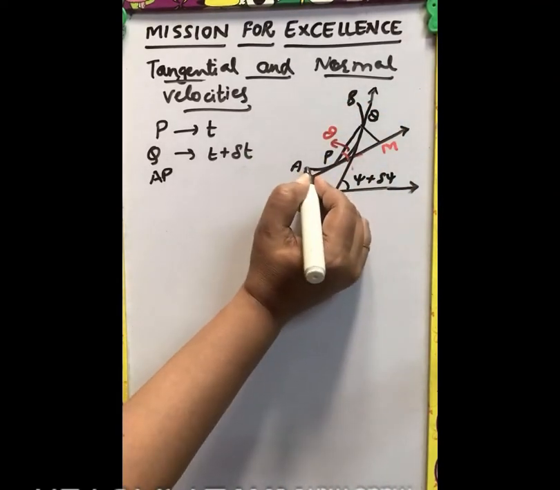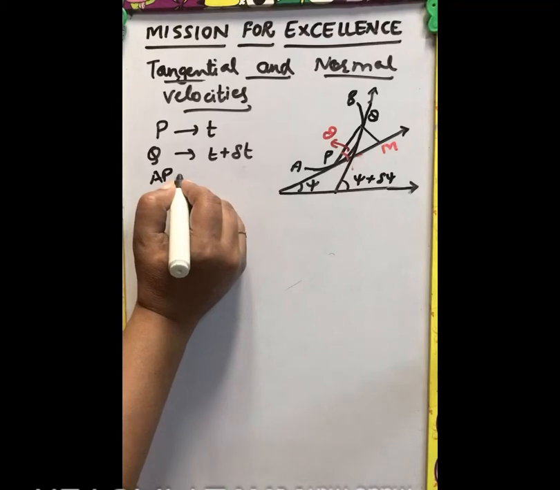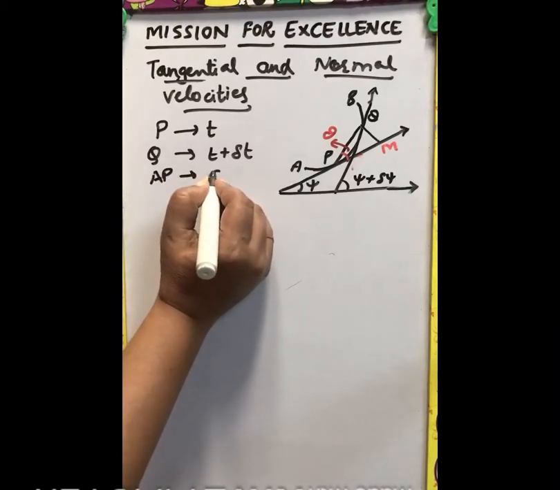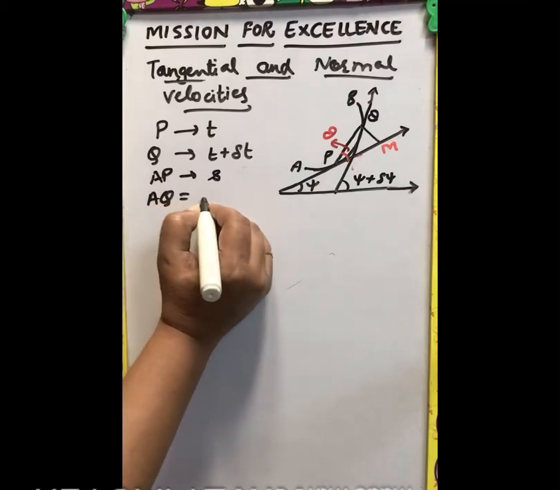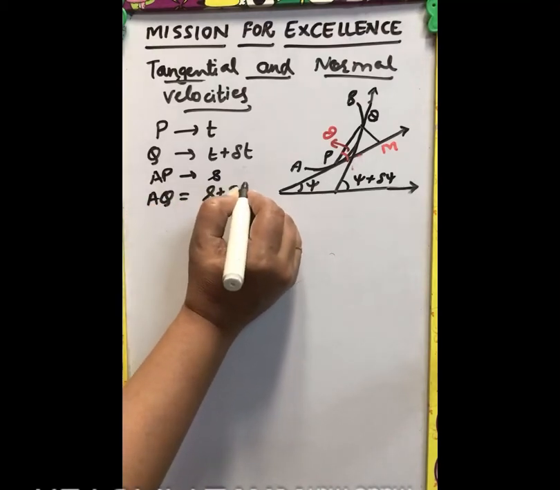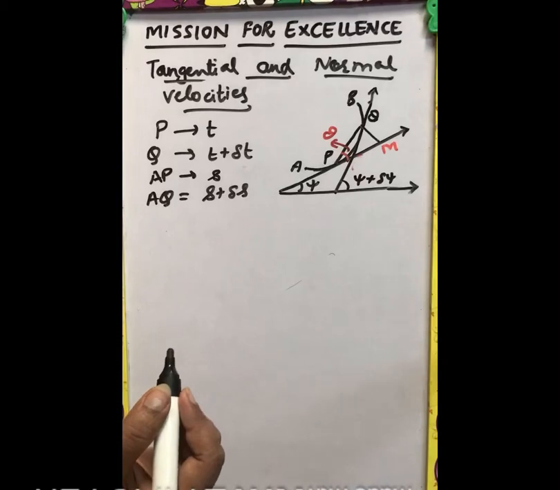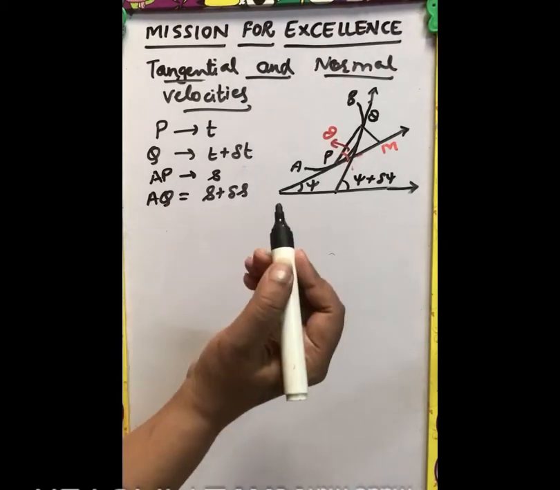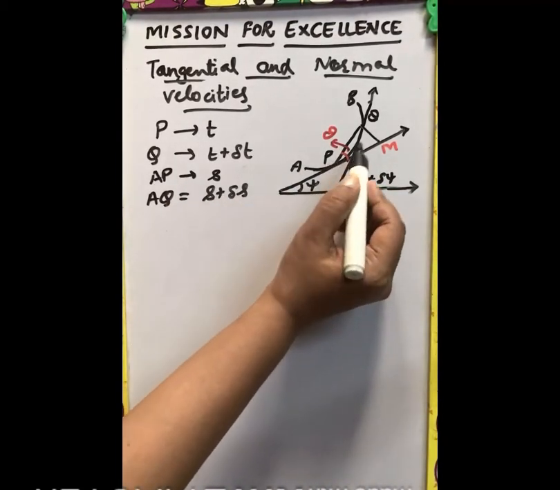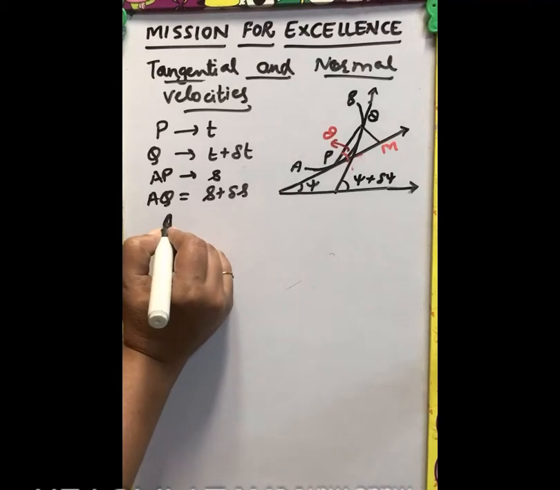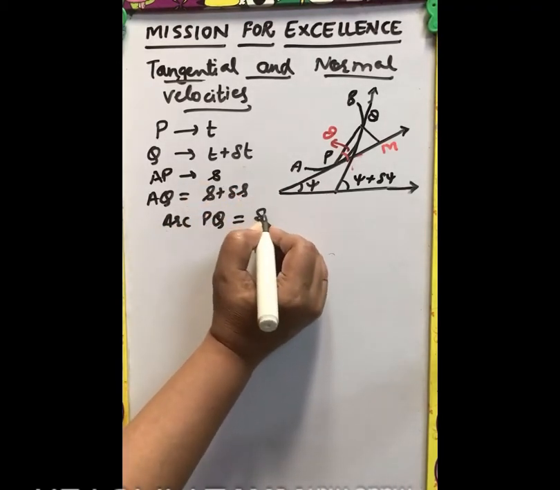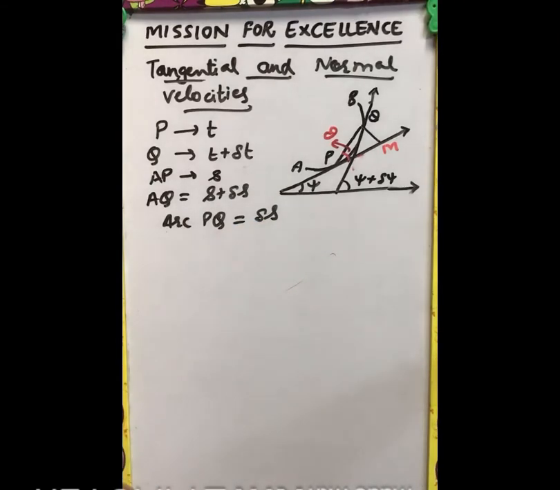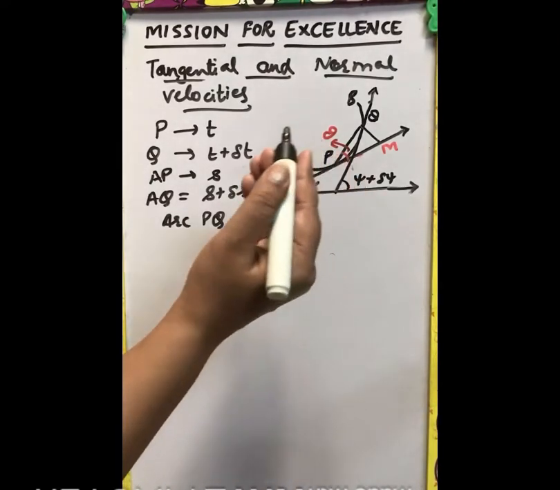From A, the arc AP is S and the arc AQ is S plus delta S after time delta t. So the change in arc length from P to Q, the arc PQ, is equal to delta S. So this is the displacement along the arc.